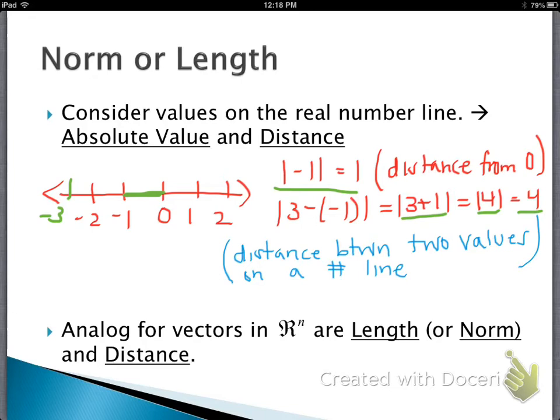Actually, 3 is positive, not negative. I knew something was wrong with my distance. So we're talking about 3 here, and the distance between 3 and -1 would be 3 minus -1, which is 4. So the distance between them would be 4. Okay, so that's what I'm talking about. Sorry if I confused you all.